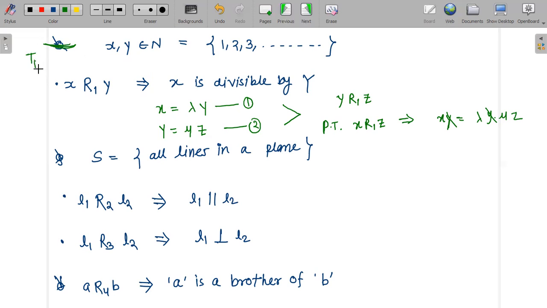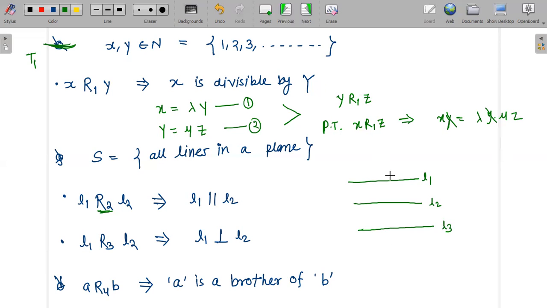Just try to understand the next one for better understanding. Again, you need to prove your relation R2 is a transitive one. It is given that there is a line L1 which is parallel to line L2. After this given data, there is something which we need to assume, and say there is a line L3 also which is parallel to line L2.